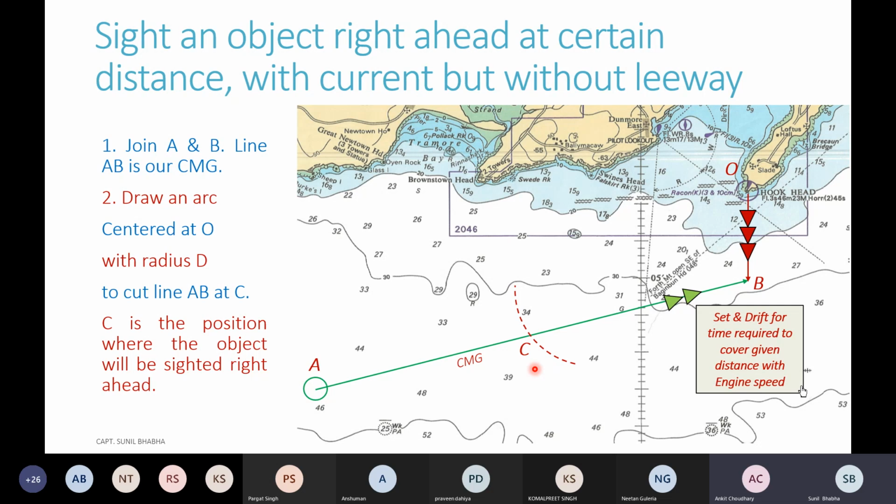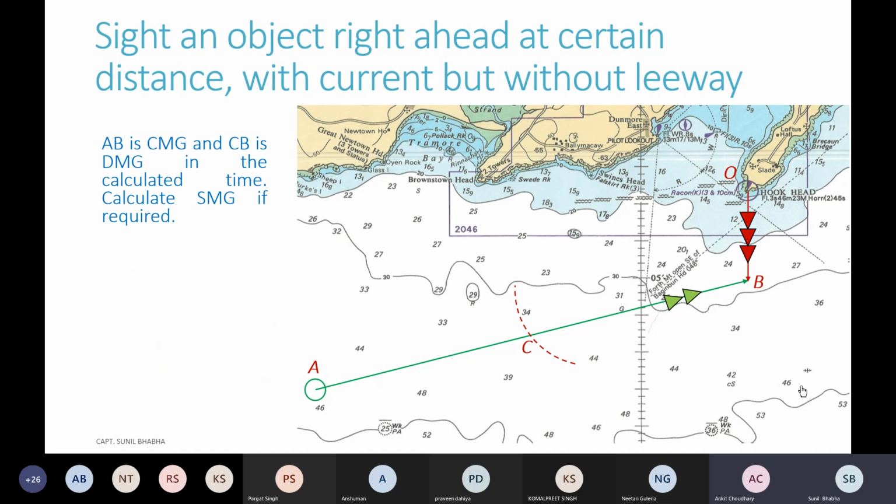Now this Charlie point, or the position, is that point where the object is going to be sighted right ahead. When we are moving on the AB course made good track, it is at this particular point Charlie that the Hookhead lighthouse will be sighted right ahead.